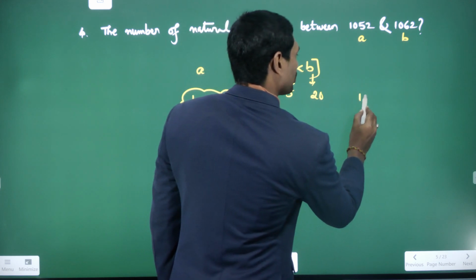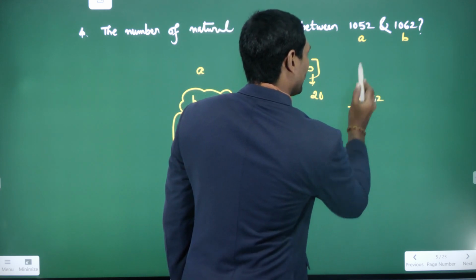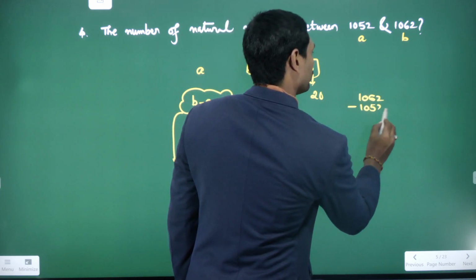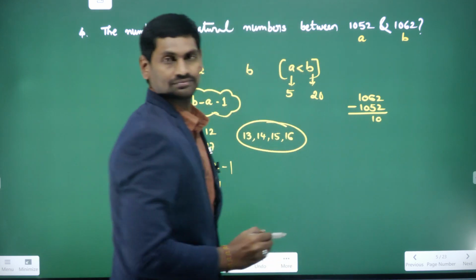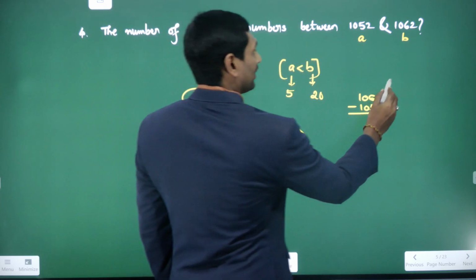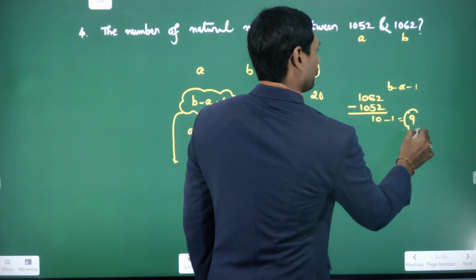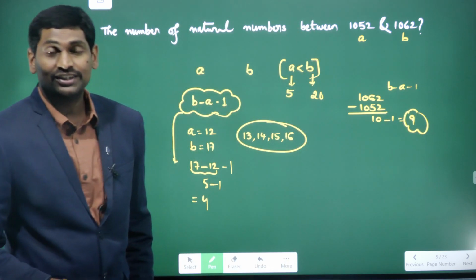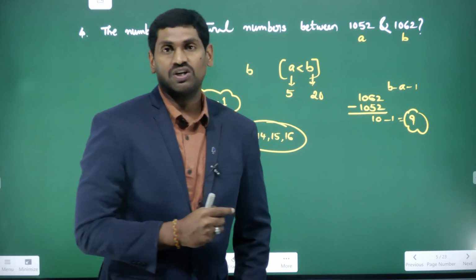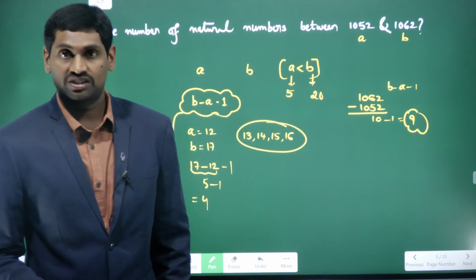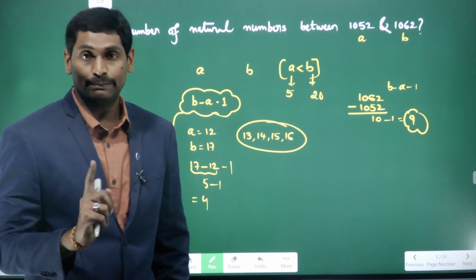B minus A means 1062 minus 1052, which is 10. And the formula is B minus A minus 1, right? So 10 minus 1 is 9. Therefore the numbers between 1052 and 1062 are 9 numbers, which is very important.